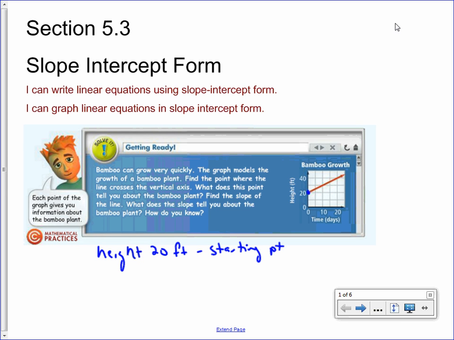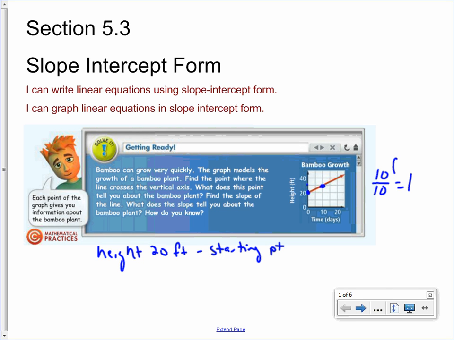Okay, what does the slope tell you about the bamboo plant? So if we look at the slope, we could find the slope. We could say we go up 10. So from here to get here, we go up 10 and we go over 10. So what does that tell us?